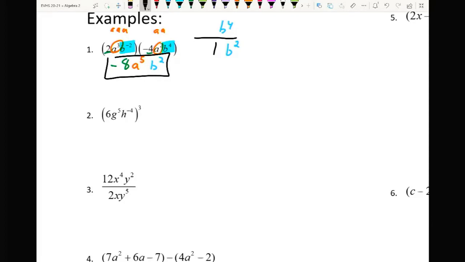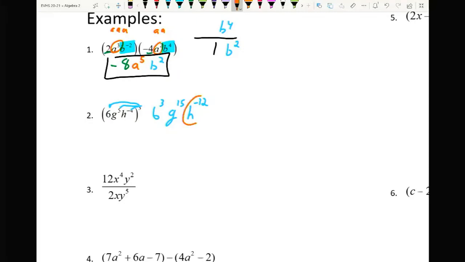Okay, now when we've got a power with multiple things on the inside, we've got to distribute this power out to all of them. So it's going to go against all 3. So we're going to have 6 cubed, and then for g, we're going to multiply the powers. 5 times 3 is 15, and then for h, -4 times 3 is -12.